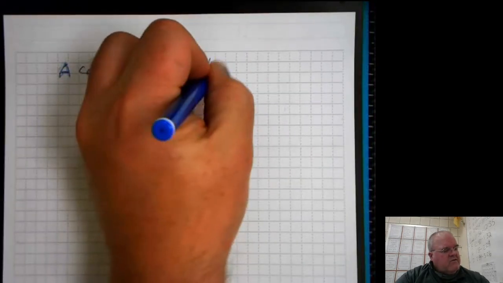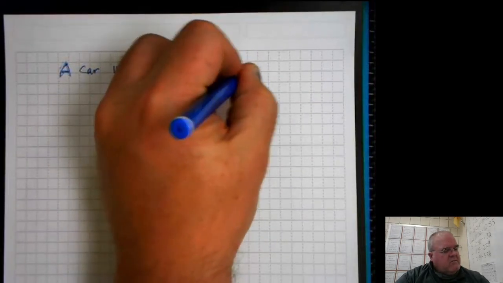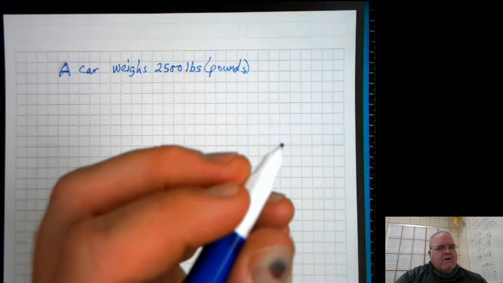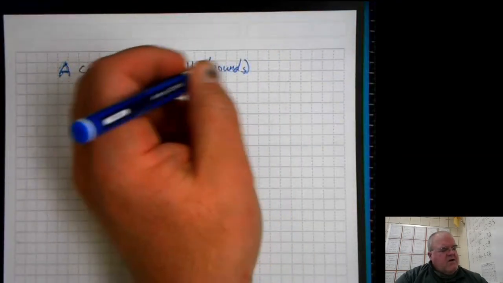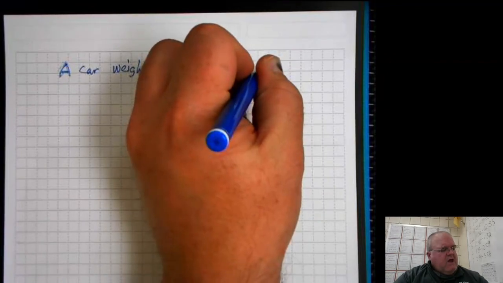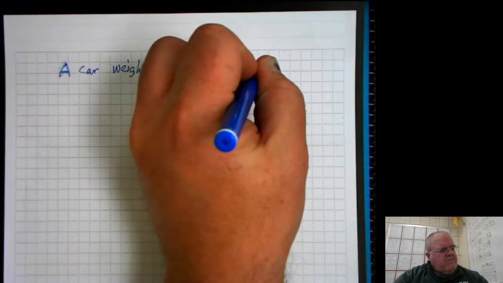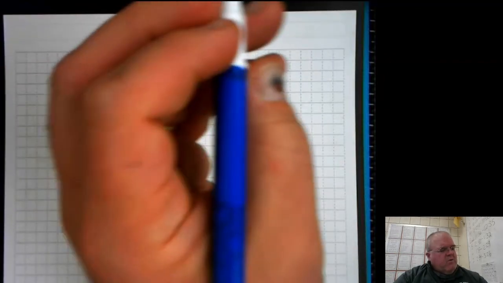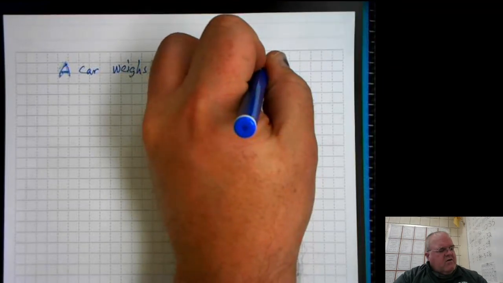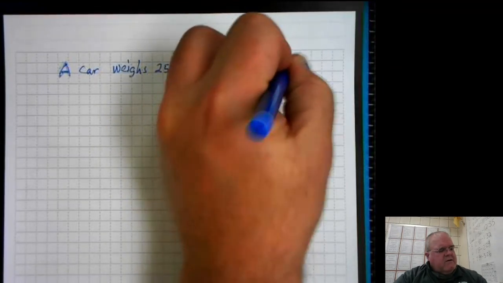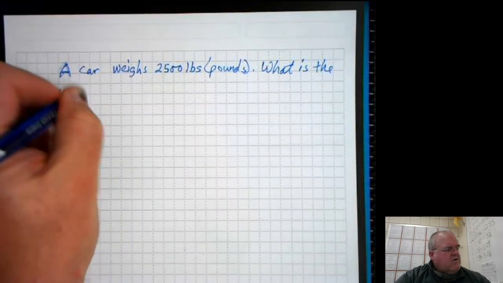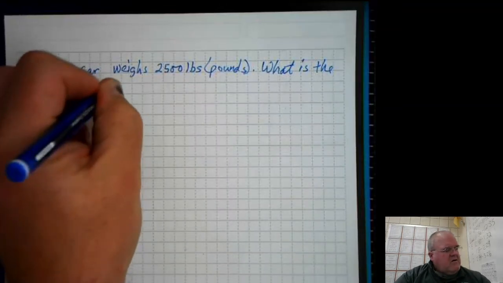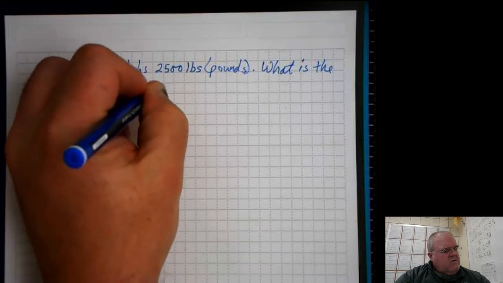LBS is pounds. I know it doesn't make any sense, but that's what we have for it, LBS. So I've got the weight of my car. What is the weight of the car in newtons?